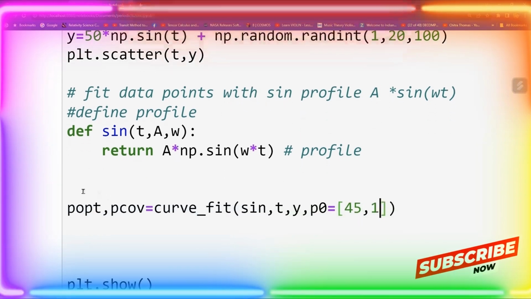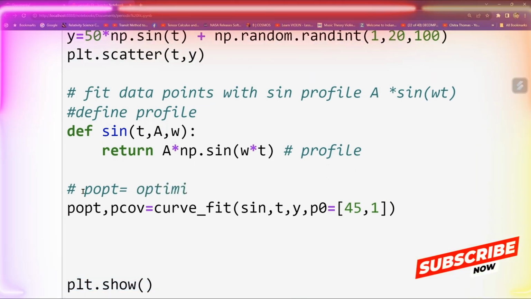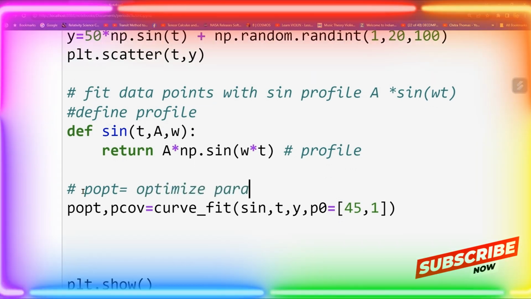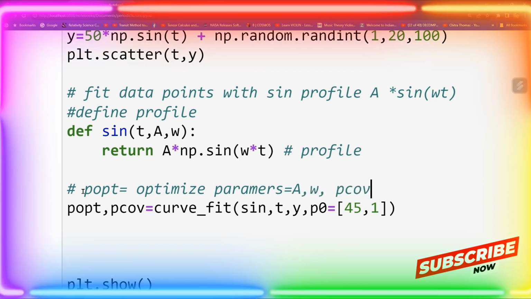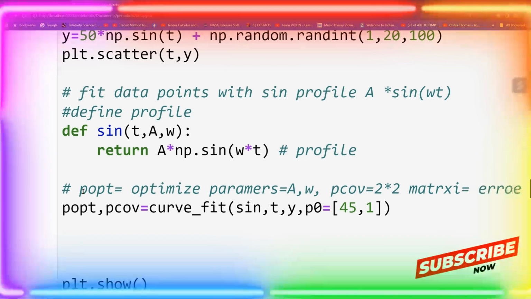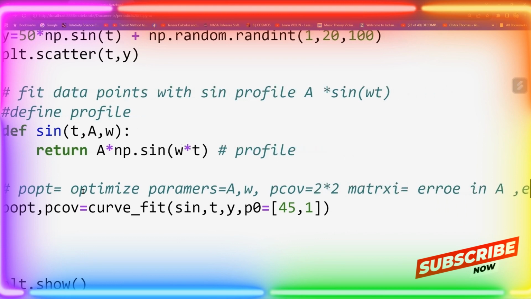So here I can write a few things. So POPT is your optimized parameters, which is equal to your a and omega, and p covariance is your 2 cross 2 matrix, and this will find the error in a and w, right?